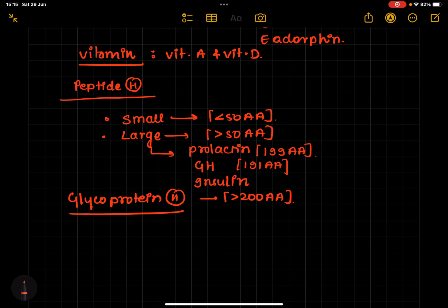So, which are the hormones that are glycoproteins? These are TSH, FSH, and LH. What is common in these three? That they have the similar alpha subunit. And what is the differentiating feature? That these three have different beta subunit.